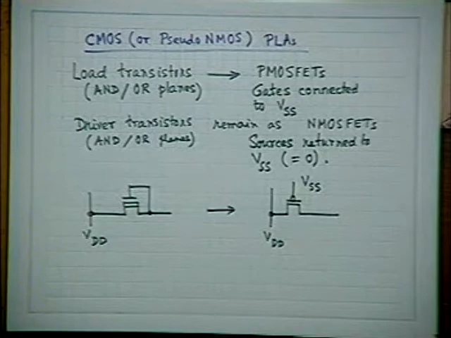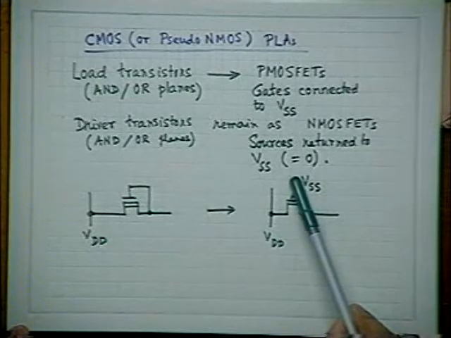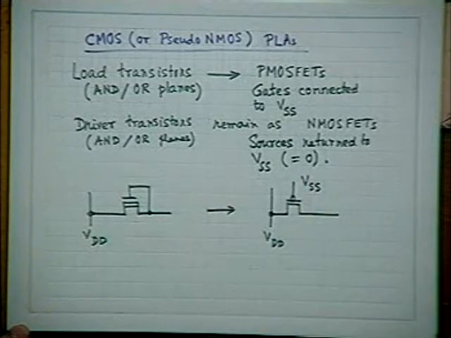That means you have to form some N wells, in the regular PLA structure, on the left hand side as well as the top side. And into those N wells, you have to form all the load transistors. Normally in ordinary CMOS technology, the gate of the load is also connected to the input, along with the gate of the driver transistors, but here the gate is to be returned to VSS.